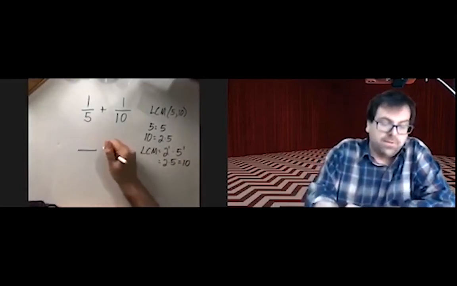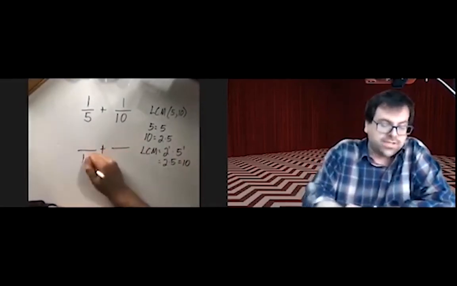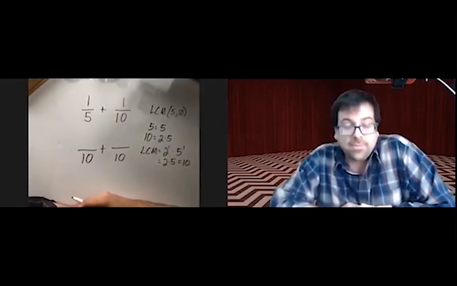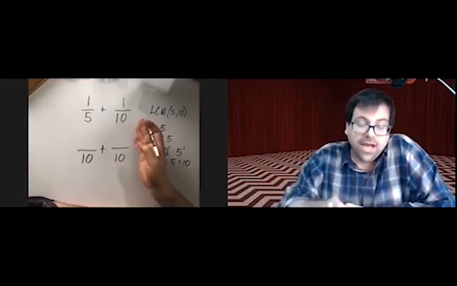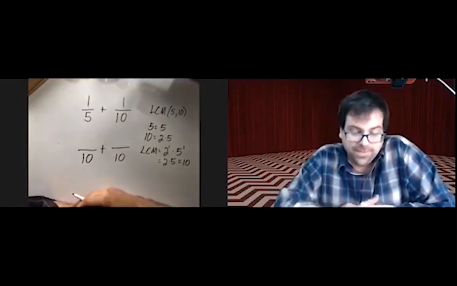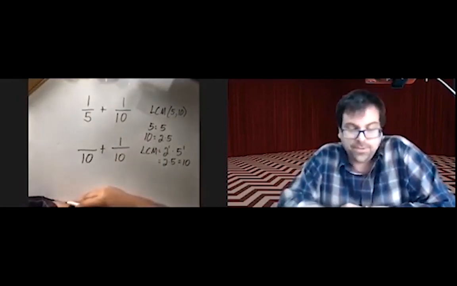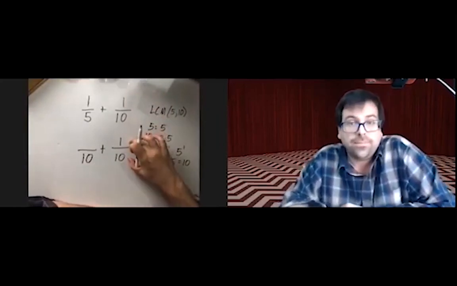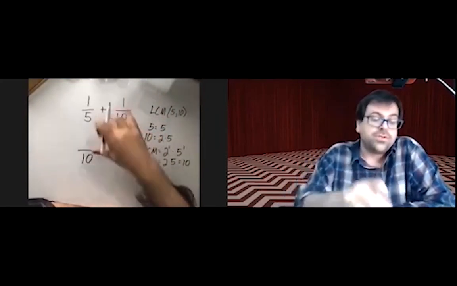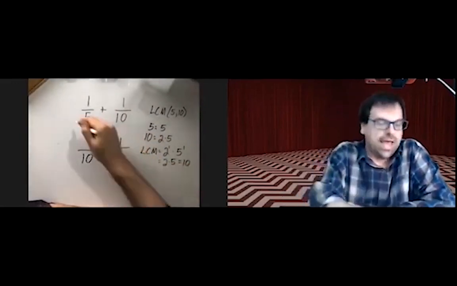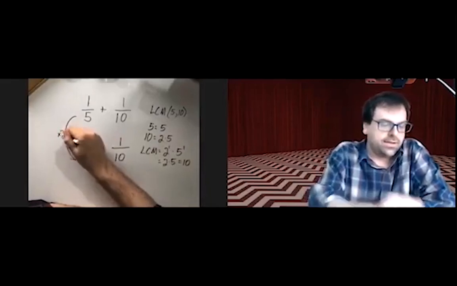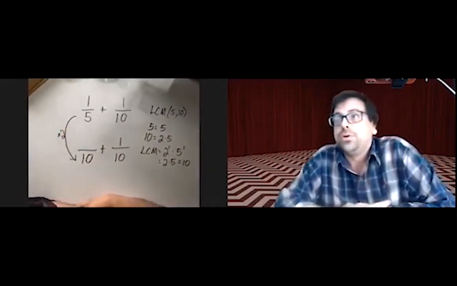We need to rewrite both of the original fractions then with a denominator of 10. The second fraction already has 10 on the bottom, so it's just 1/10. This fraction is already good. But the first one needs to be changed. So ask yourself, how do we get from 5 to 10? That's times 2.